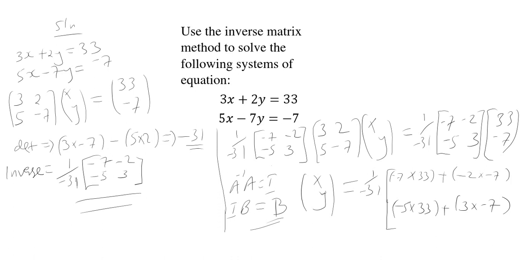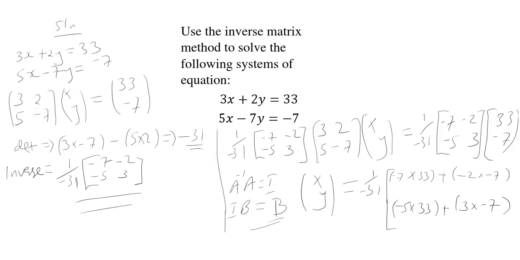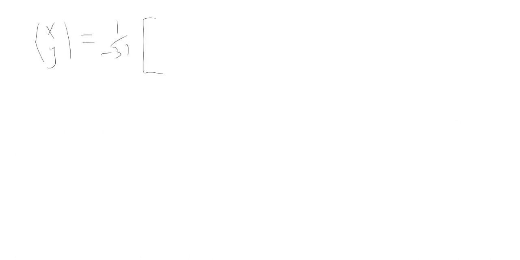When you compute this, you will get xy being equal to 1 over negative 31. When we add these products, we shall get negative 217 and negative 186.